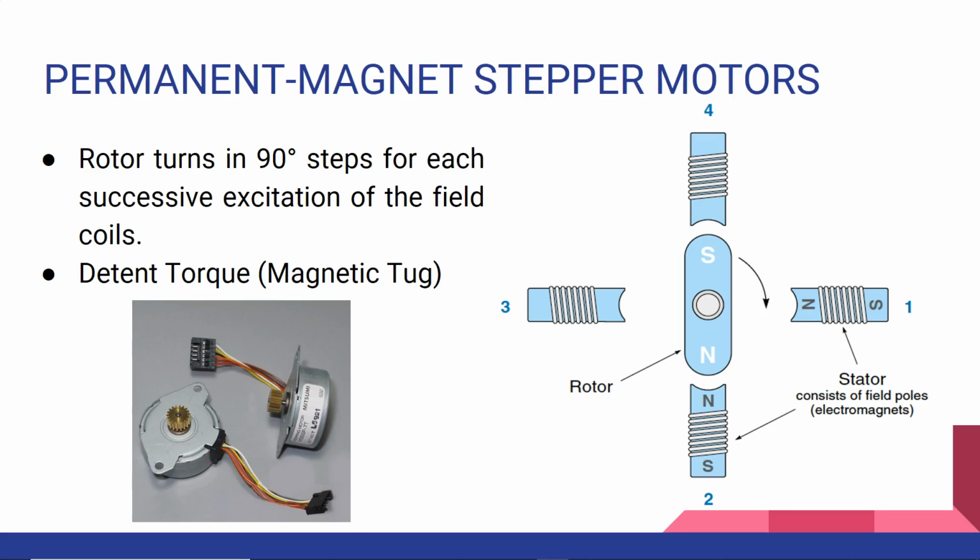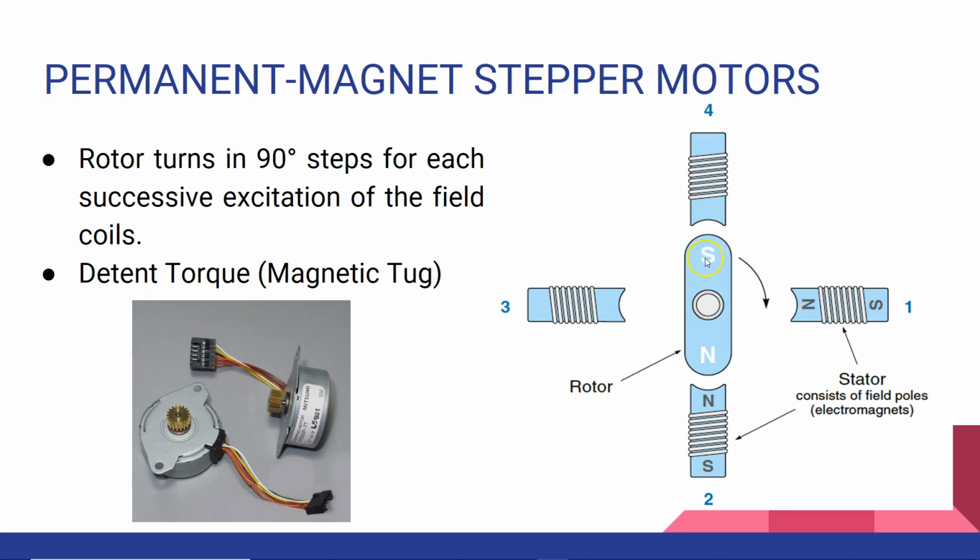So what will happen if we energize coil 1, this stator winding? Then the south side of the rotor will try to align with this energized coil, and it will move towards the right.